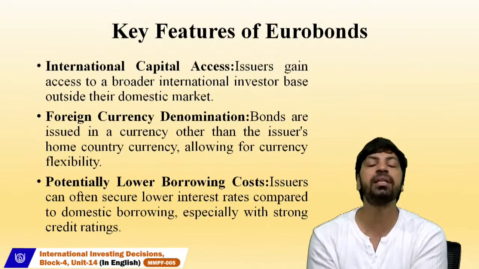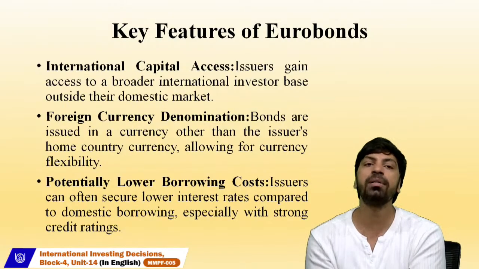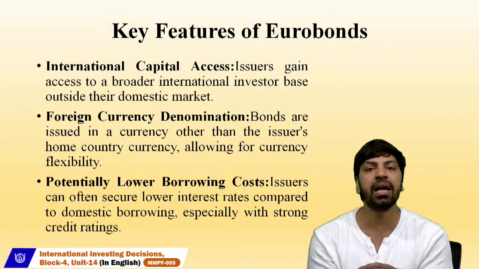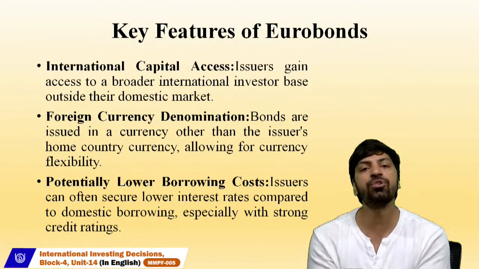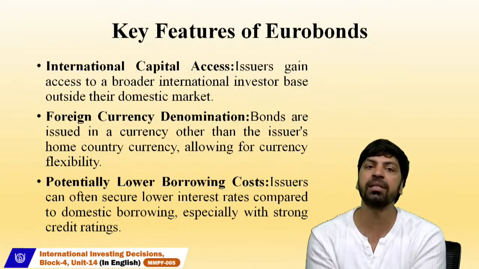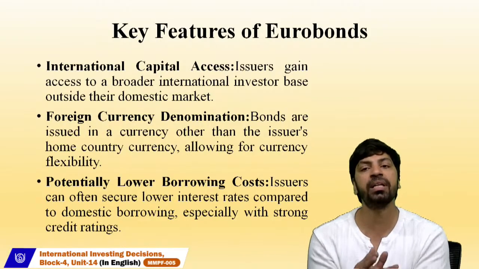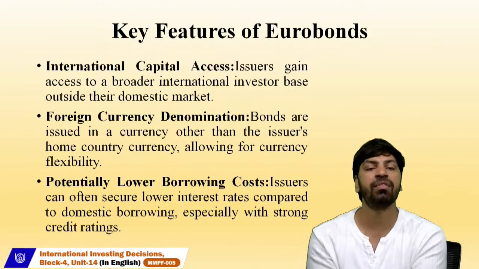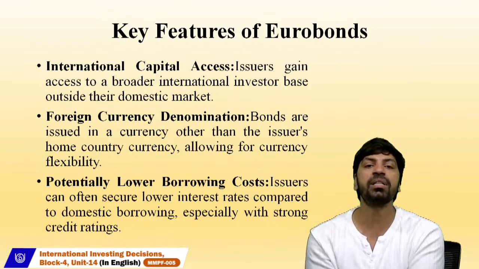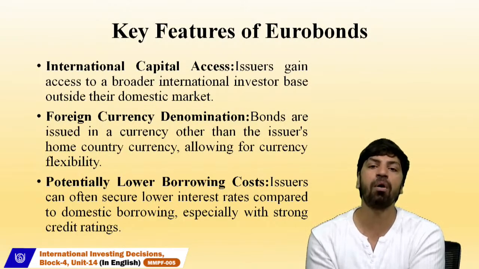Foreign currency denomination: the bonds are issued in a currency other than the issuer's home country currency, which exposes them to currency fluctuation and leads to currency flexibility. Next one is potentially lower borrowing cost.